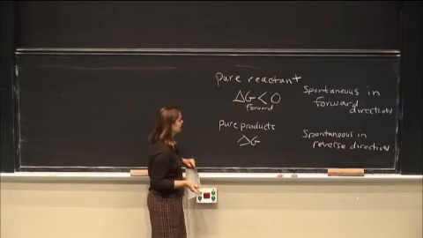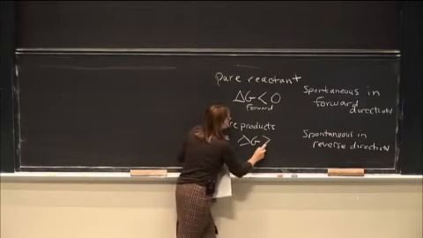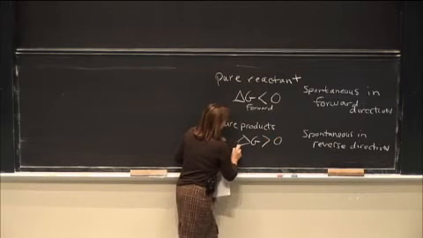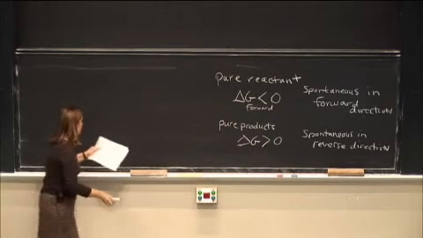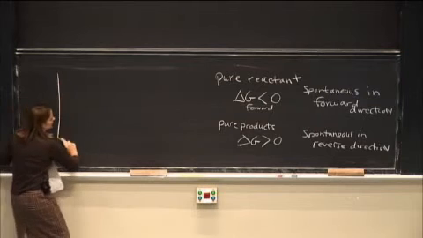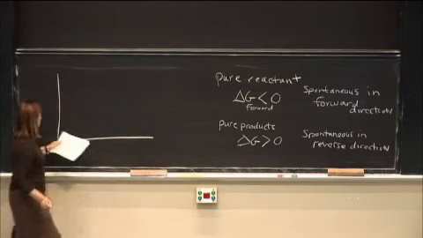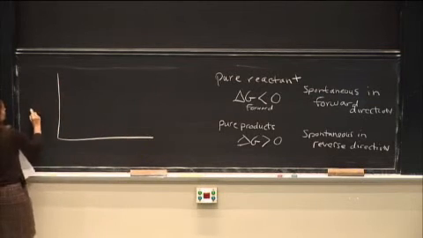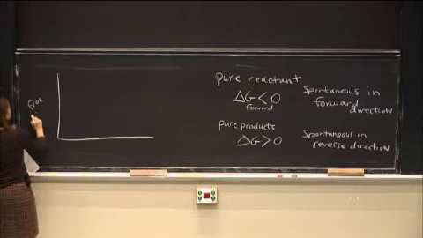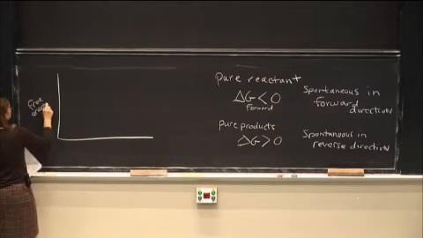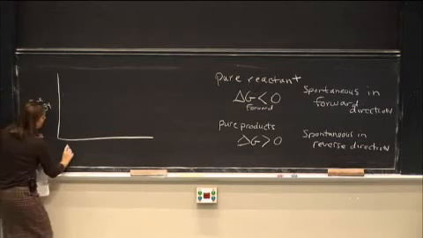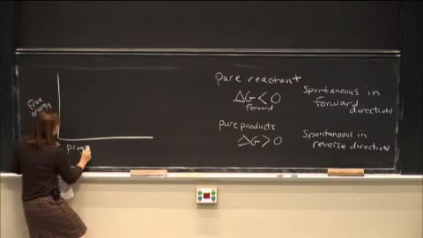Greater or less than 0? Greater. So it'll be positive. So we can think about that in terms of a plot. We can think about free energy versus the progress of the reaction.